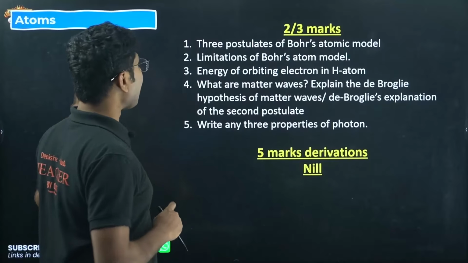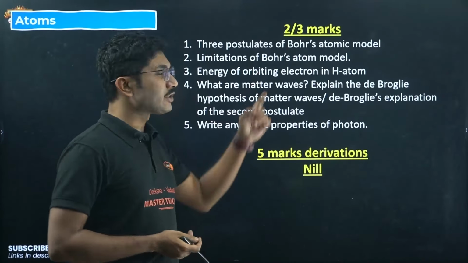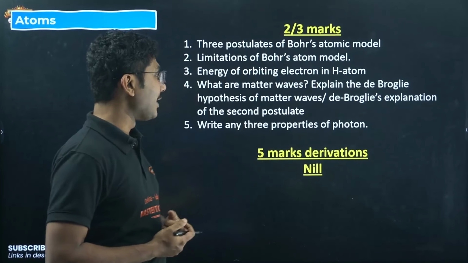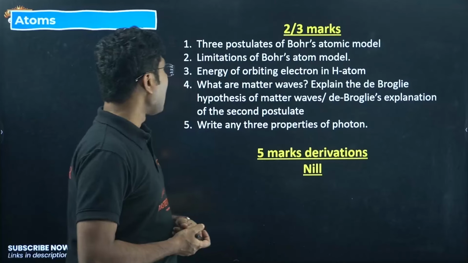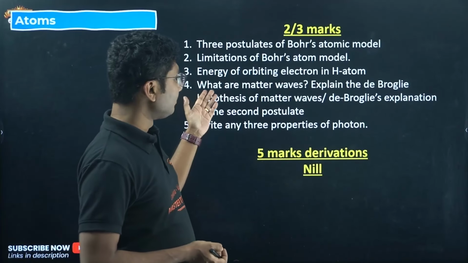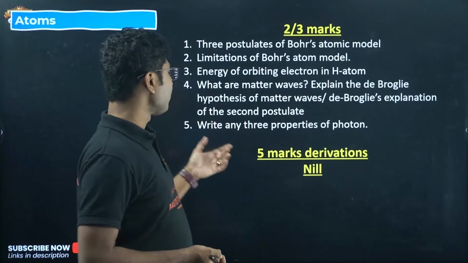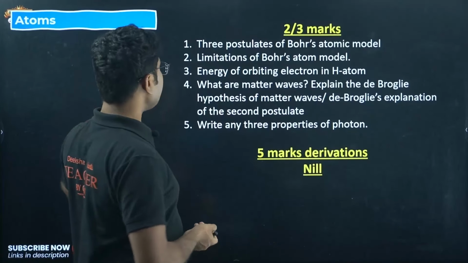Now in the atoms chapter, 3 postulates of Bohr's atomic model, limitations of Bohr's atomic model, energy of an orbiting electron in a hydrogen atom, what are the matter waves, explain the de Broglie hypothesis of matter waves, de Broglie explanation of Bohr's second postulate, write 3 properties of photon. These are possible from this chapter.